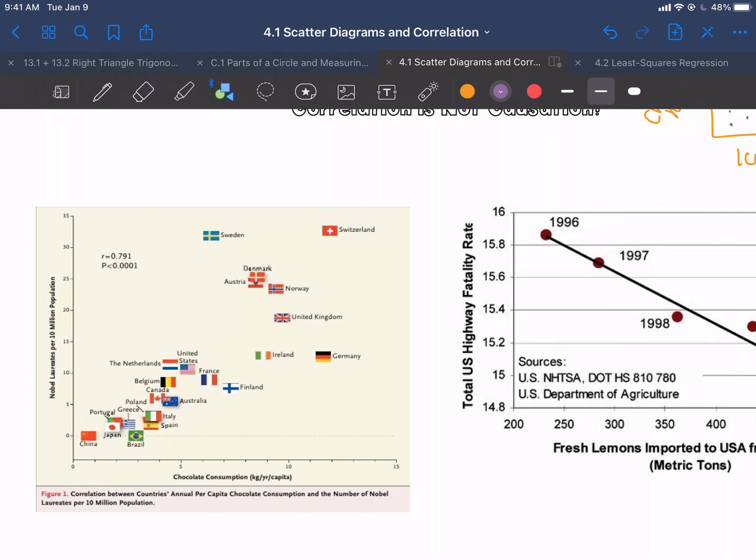So you can see there's a positive linear relationship there. As the chocolate consumption increases, so does the Nobel Prize winners. So obviously eating chocolate does not cause that to happen, but there is a correlation between the two.